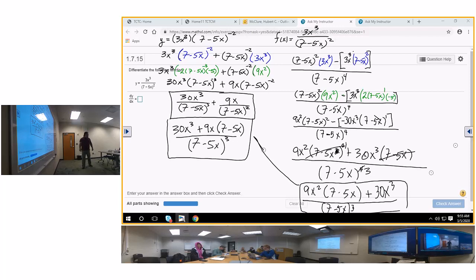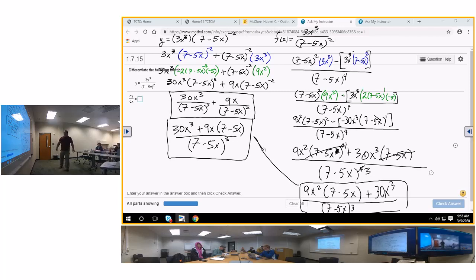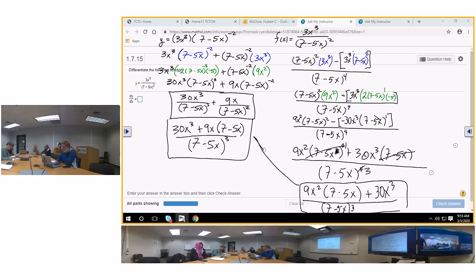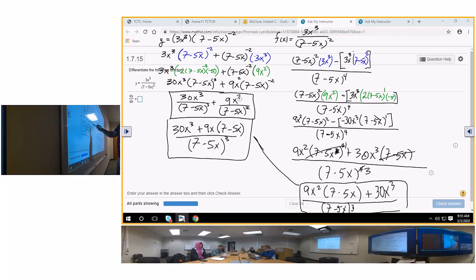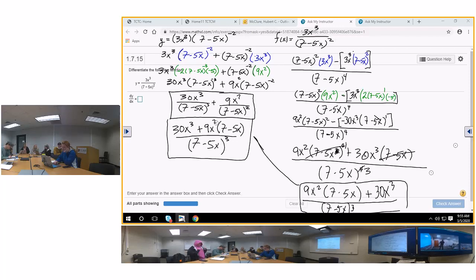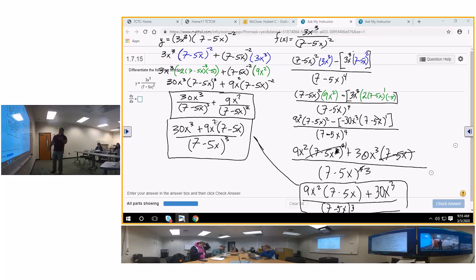Square on 9x. Where? 9x squared. Oh, thank you. Did I drop the square? Yeah. Thank you. So you can see, some of you may like to do the product rule. I put in 2 or 3 extra steps, but the product rule can be a whole lot quicker than the quotient rule.